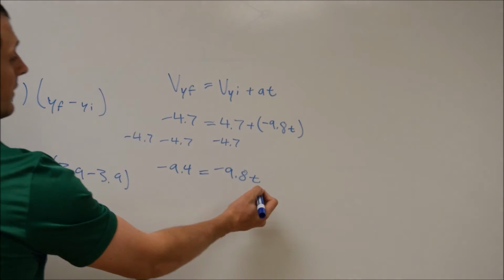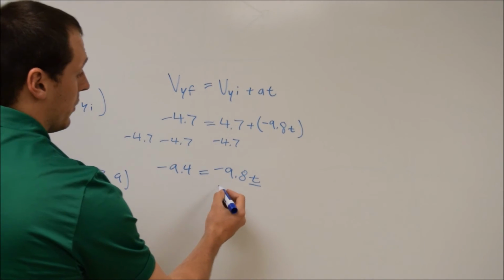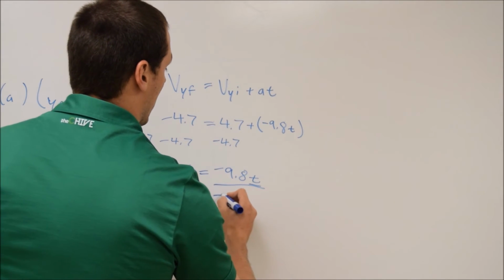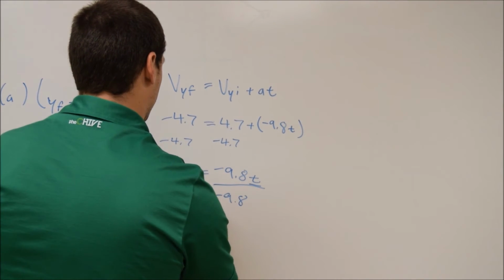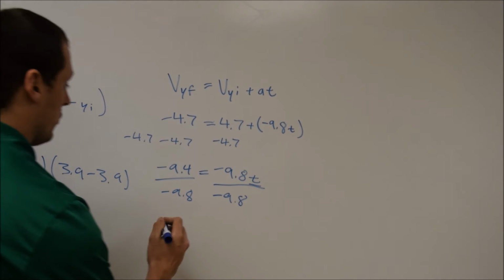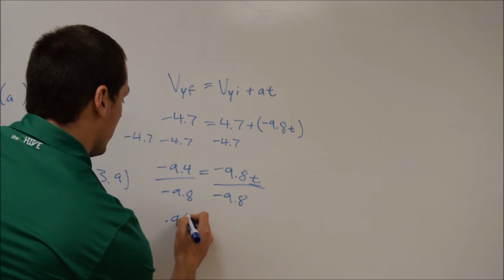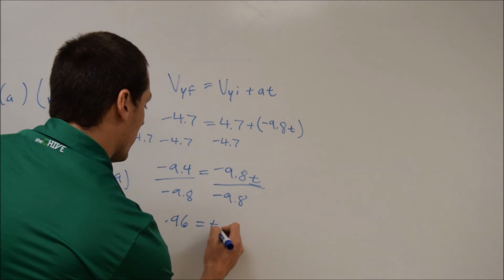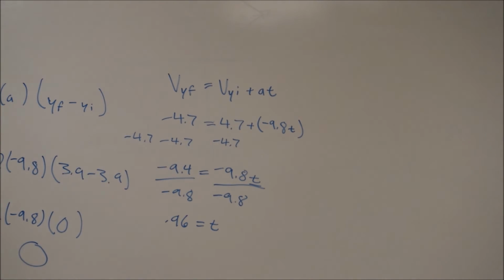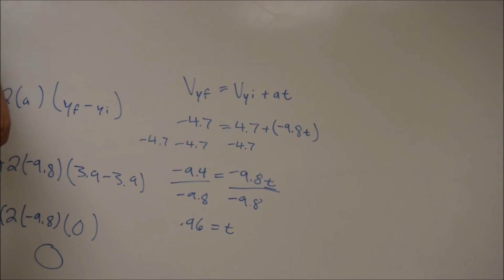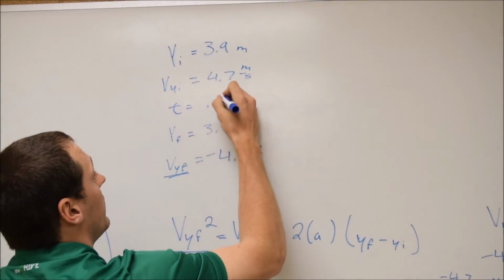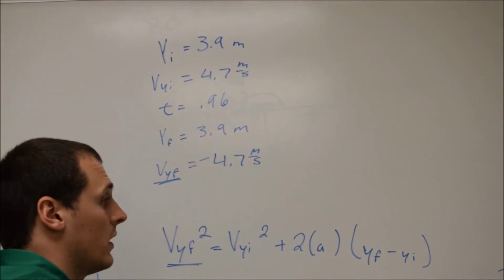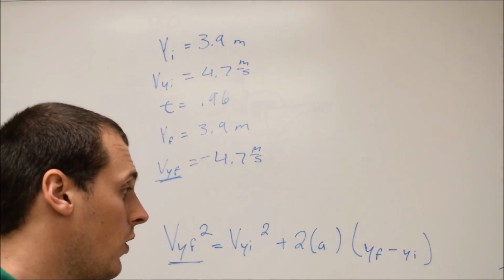Now in order to isolate time, we divide both sides by negative 9.8, and we end up with 0.96 is equal to our time. That'll be our final part here. So now we know the time component to be equal to 0.96, and that solves that problem.